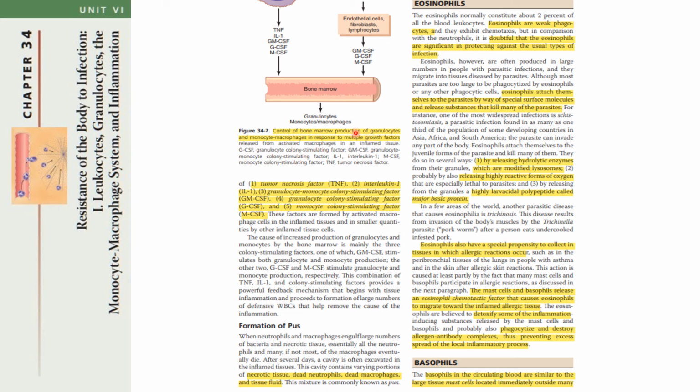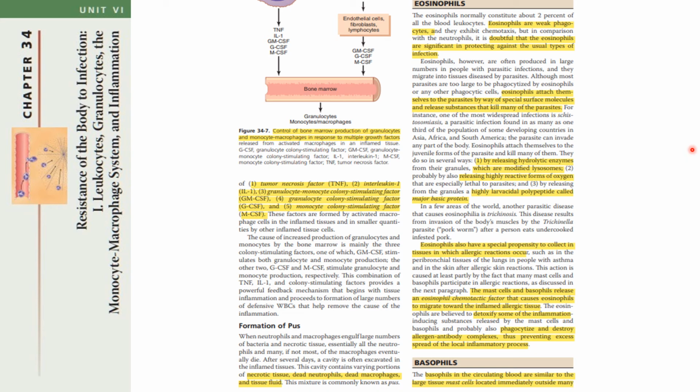Macrophage response to multiple growth factors: the growth factors released from activated macrophages in inflamed tissues are TNF, granulocyte monocyte colony stimulating factor, granulocyte colony stimulating factor, and monocyte colony stimulating factor.